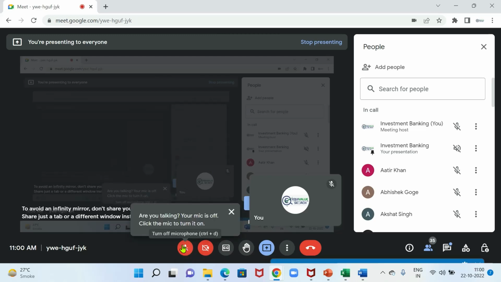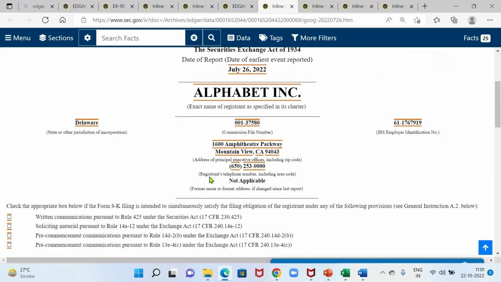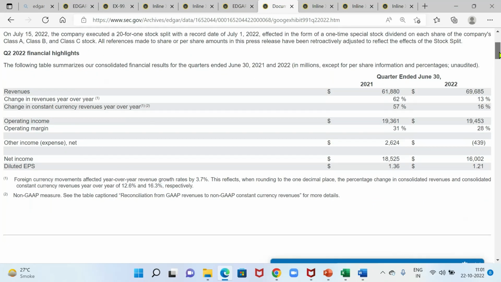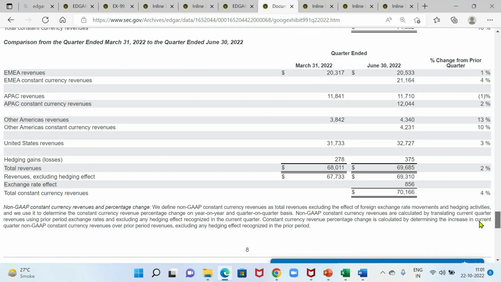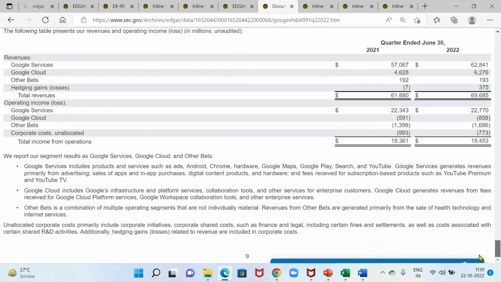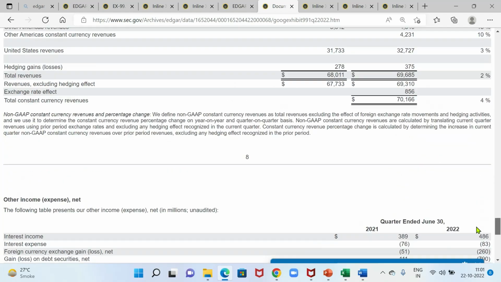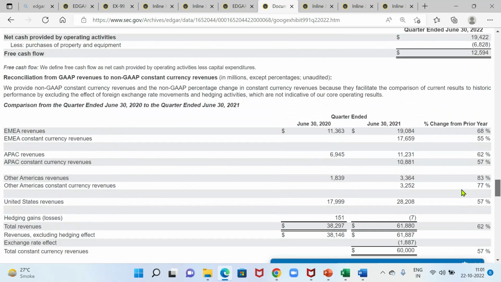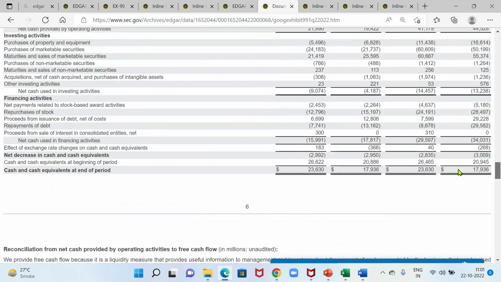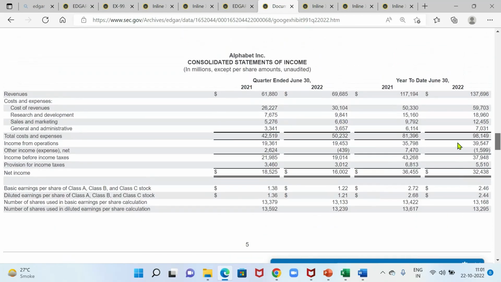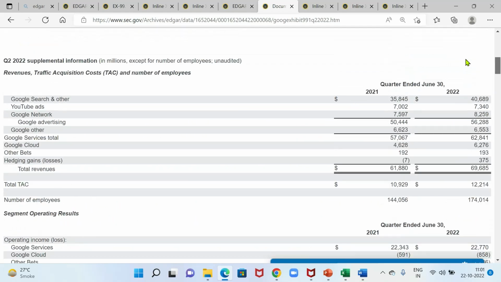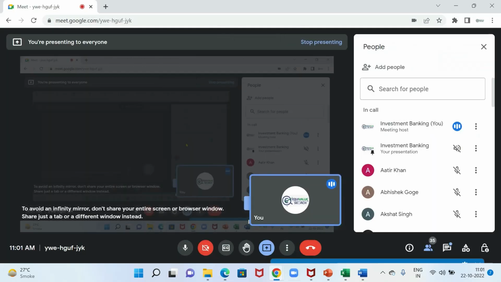Can you close the door? So he's not providing non-GAAP. I'm looking for non-GAAP numbers out here. I don't see non-GAAP numbers over here. I'll show you another example where you'll have those non-GAAP numbers available.